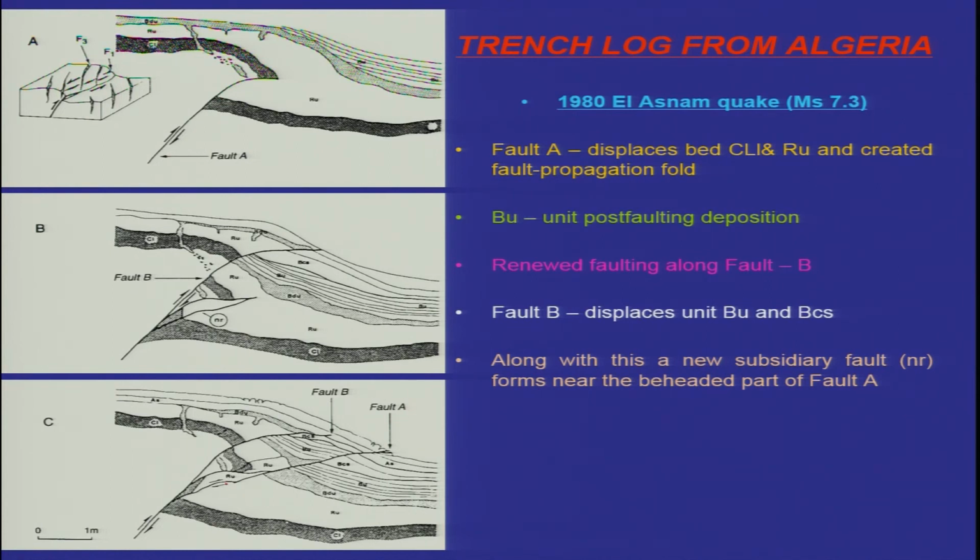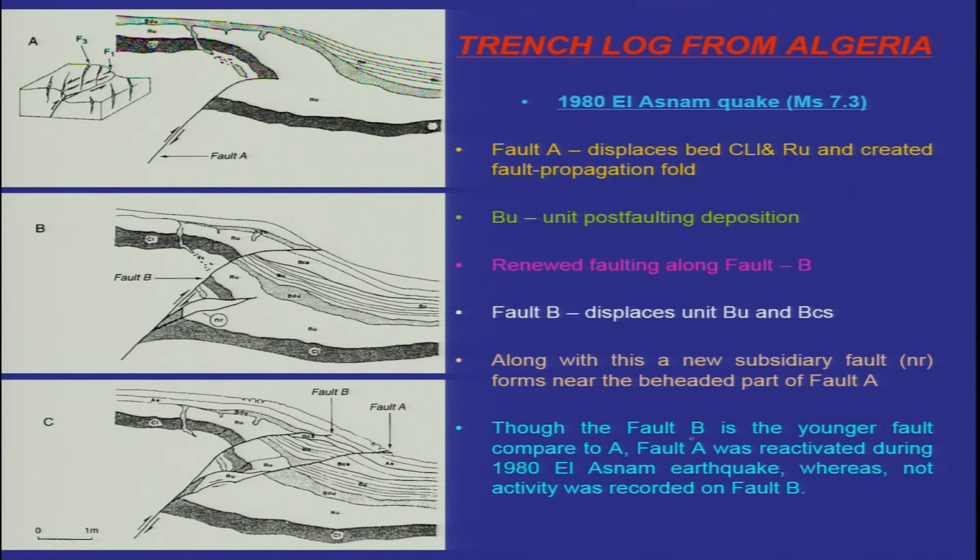So, this old fault was the first, and then the branching out fault came in, displacing the younger sequence, and then finally what you see is that fault B did not take up the slip, but the most recent earthquake was along fault A. So, though fault B is the younger fault compared to A, fault A was reactivated during the 1980 Alasnam earthquake.